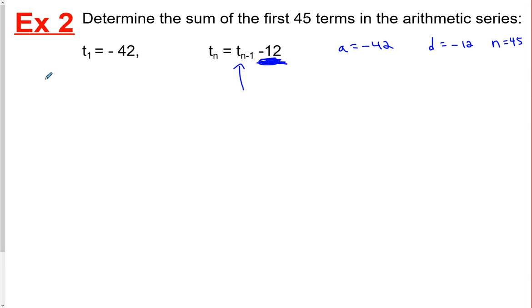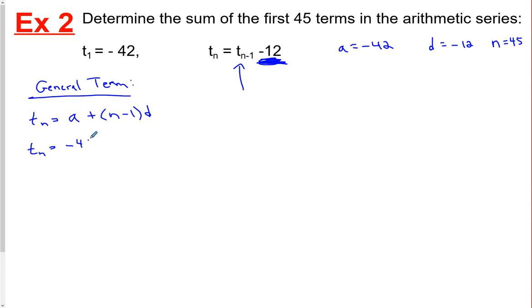Okay, so let's find our general term. For an arithmetic sequence, our general term goes like this: A, your first term, plus n minus 1 times your common difference. Okay, let's sub some things in. What's our starting term? It's negative 42. n minus 1, and then what's my d?